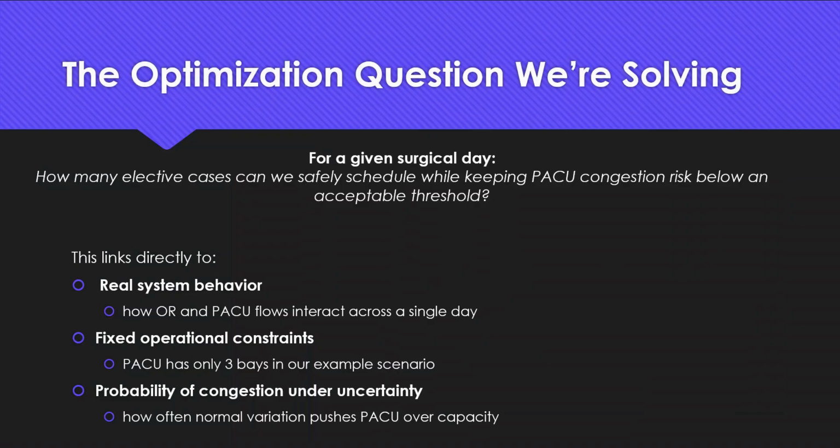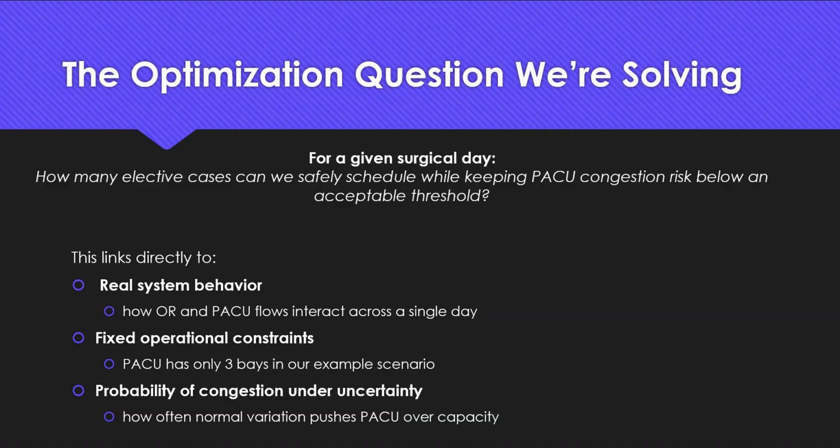So I'm going to change the question on you a little bit. We're going to ask a question that's more like this. For a given surgical day, how many elective cases can we safely schedule while keeping the PACU congestion risk below some acceptable threshold?